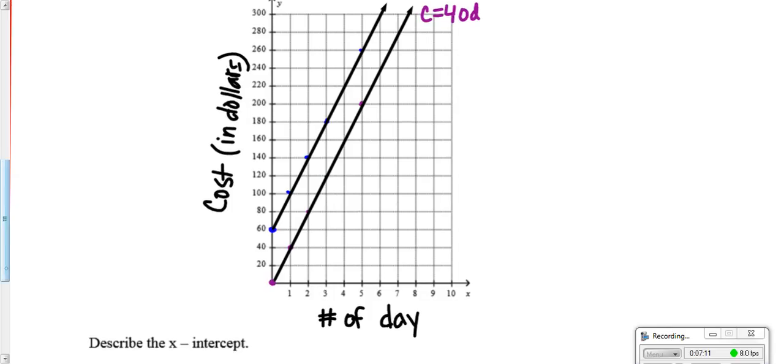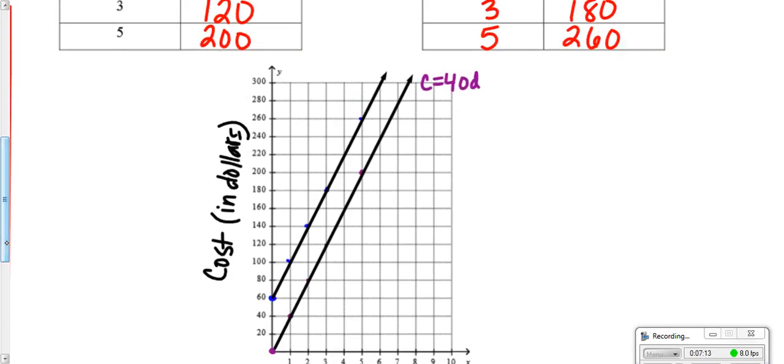So I'm going to scroll down so I can reach. There we go. And on this one, it is C equals 40D plus 60. So that's my second equation for the second line.